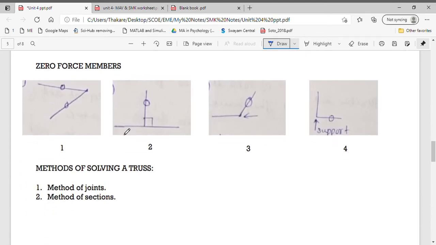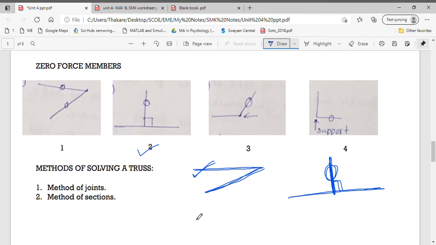Let us discuss zero force members in a truss. When will a member of a truss carry zero force? When two members are acting at a point and there is no external force acting on the joint, then it will be a zero force member. If two members are collinear and the third member is perpendicular to them, then this perpendicular member will carry zero force.